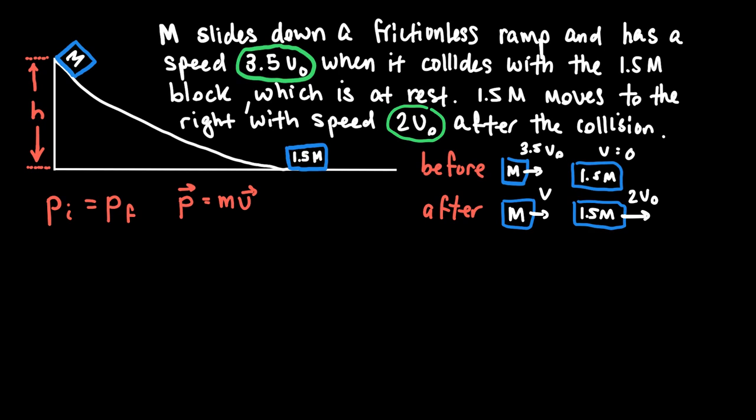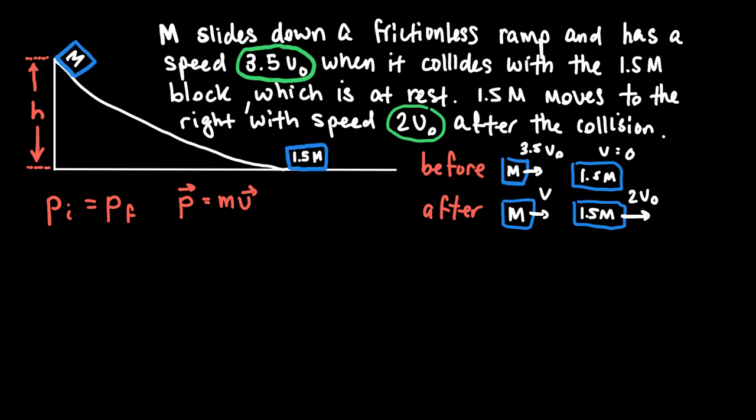And so before the collision, I need to decide how much momentum is there, which boxes are moving, which boxes have momentum. The way that I do that is I will write m times v for everything that's moving, and I will plug in what its mass is and what its velocity is. Initially, right before the collision happens, the block with mass m is moving with a speed of 3.5 v0.